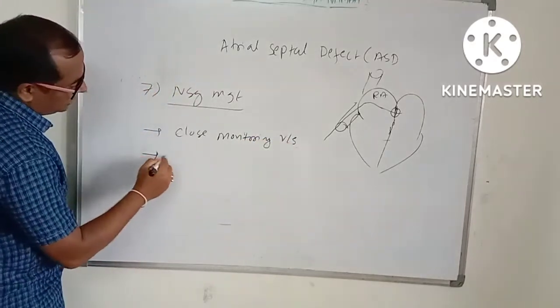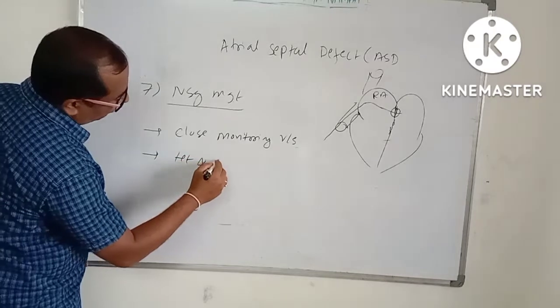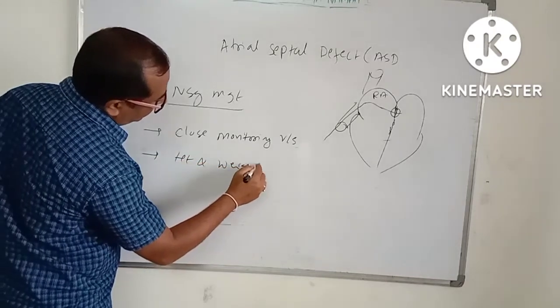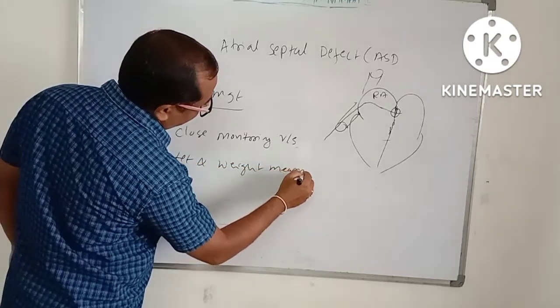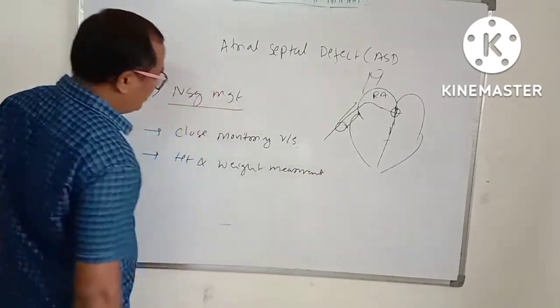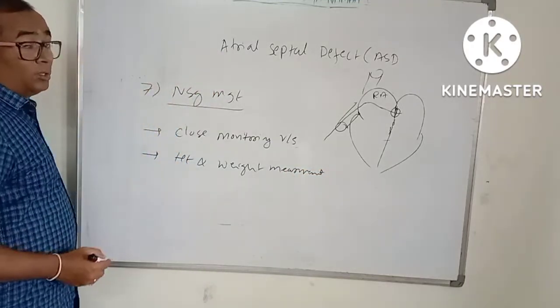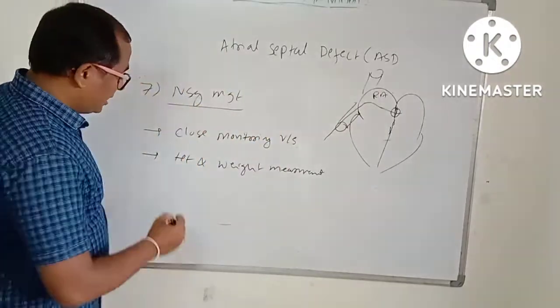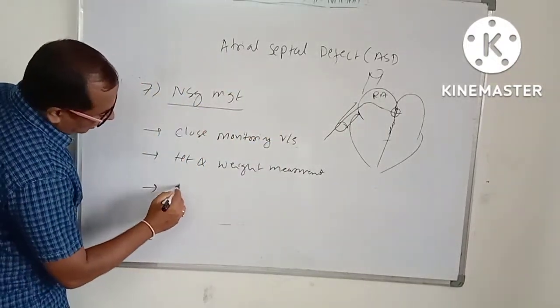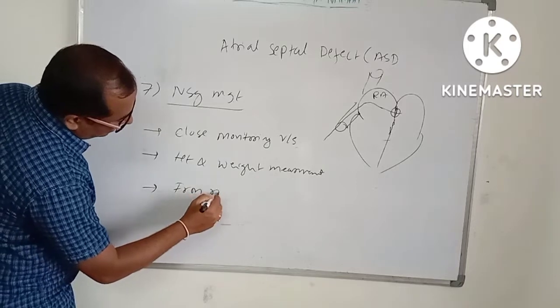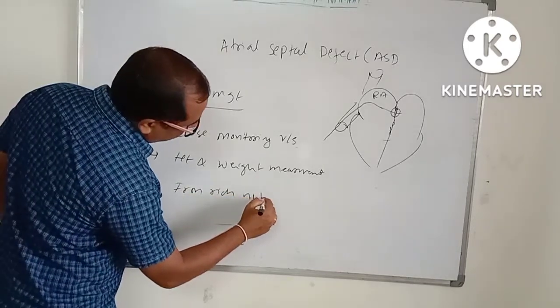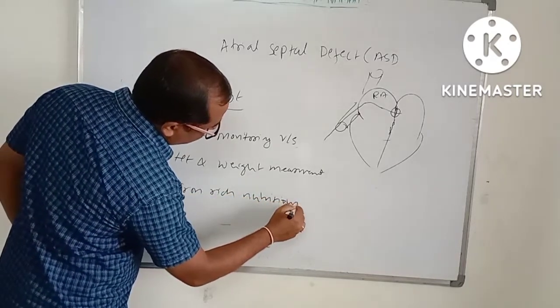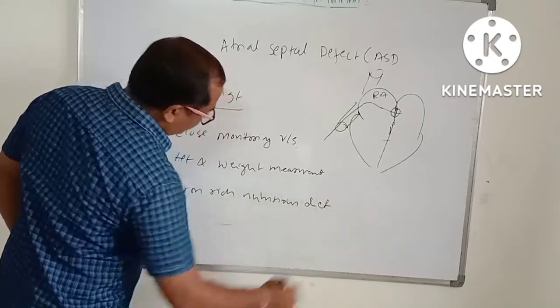Next is height and weight measurement. Height, or length, measurement has to be done so as to identify whether the baby is having any failure to thrive. Next, we have to advise an iron-rich nutritious diet.